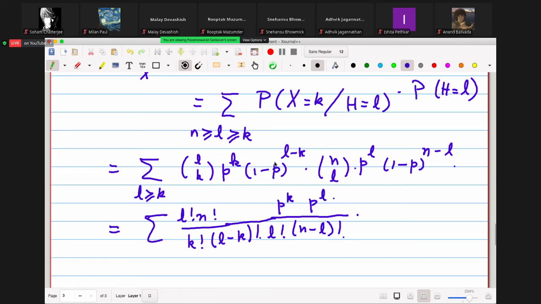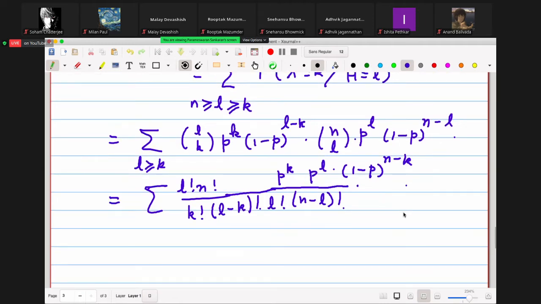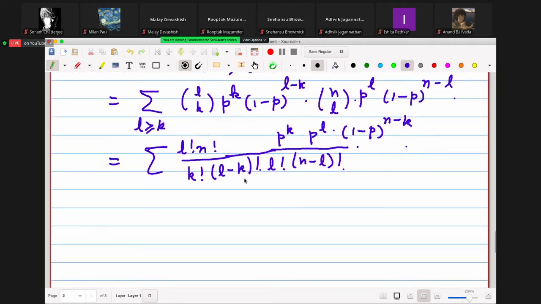And this one becomes p power, 1 minus p power n minus k. Okay. So this L factorial cancels with this L factorial. L is bigger than or equal to k.